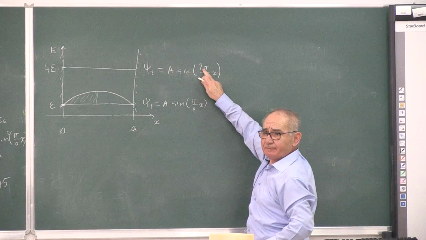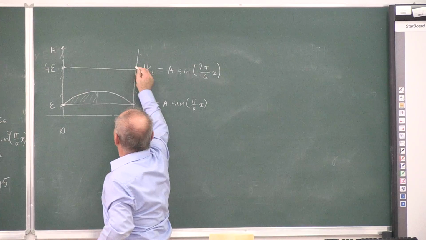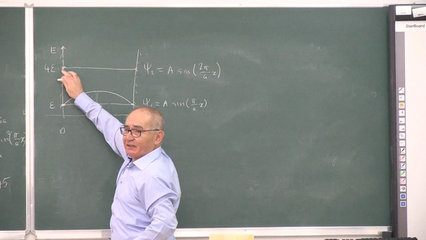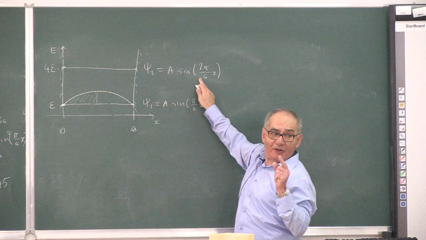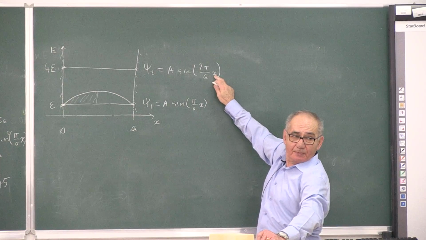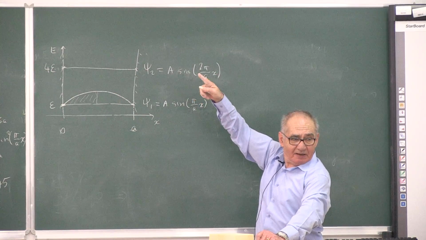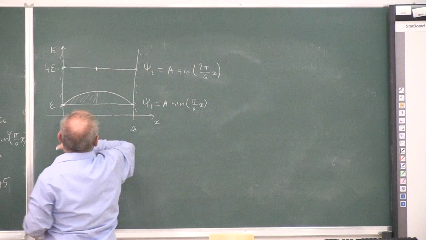N is the square root of 2 over a here. Now, the functions are, of course, 0 at the walls. All functions are 0 at the walls. But this function is 0 at one more point. At which point? When x is a over 2. A over 2 is the midpoint. So the function is also 0 here.